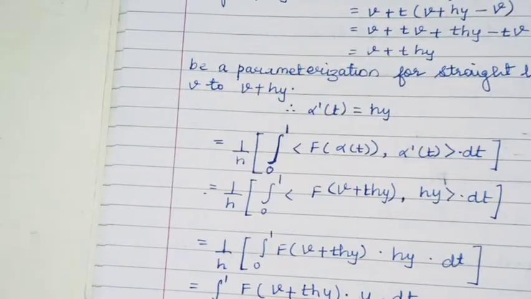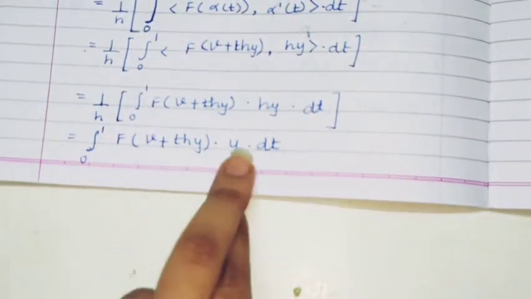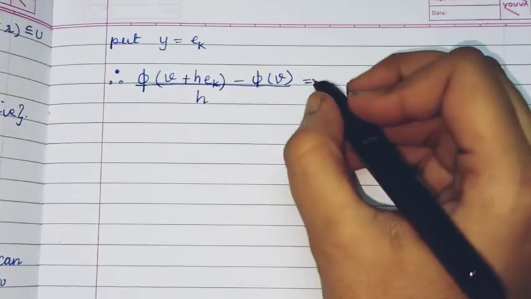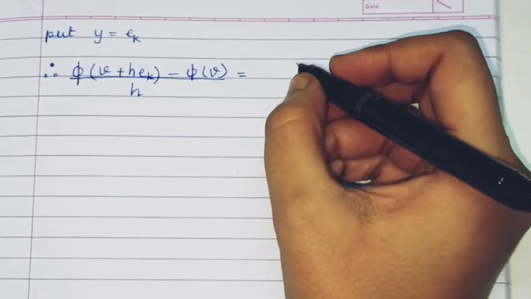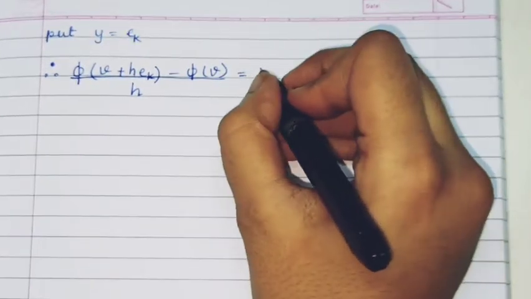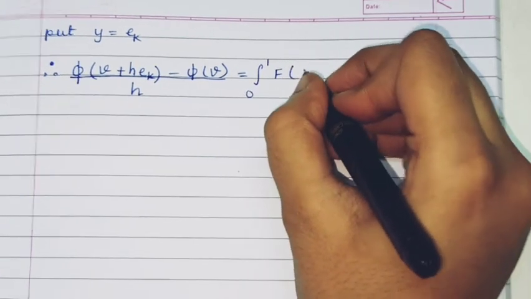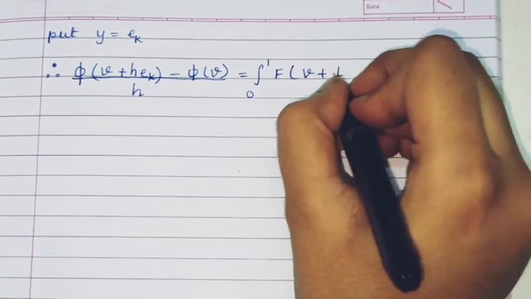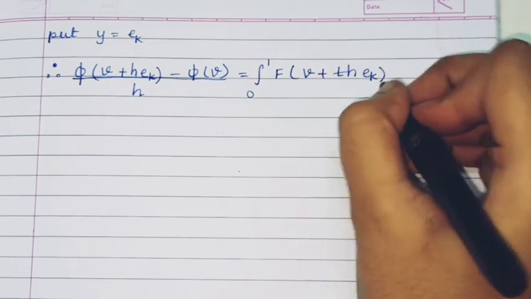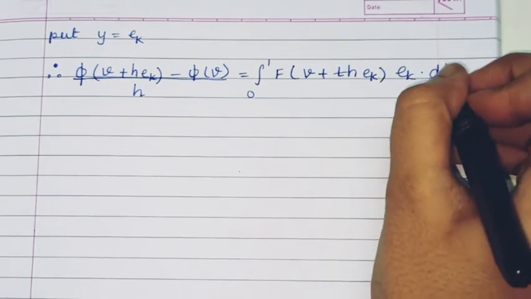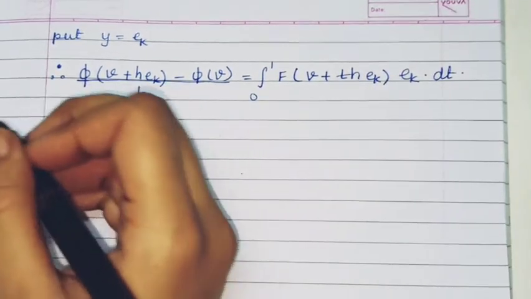And the right hand side is integration 0 to 1 f of v plus th instead of y, ek into y, that gives us ek, and dt remains as it is.